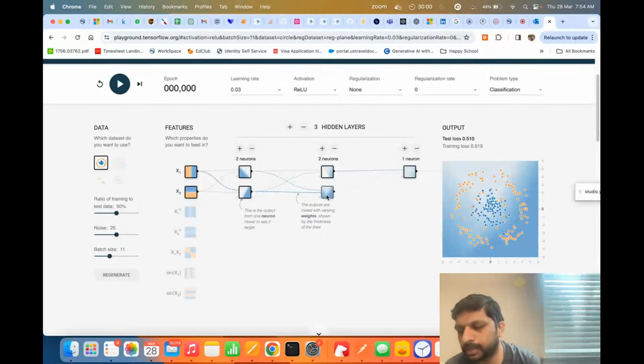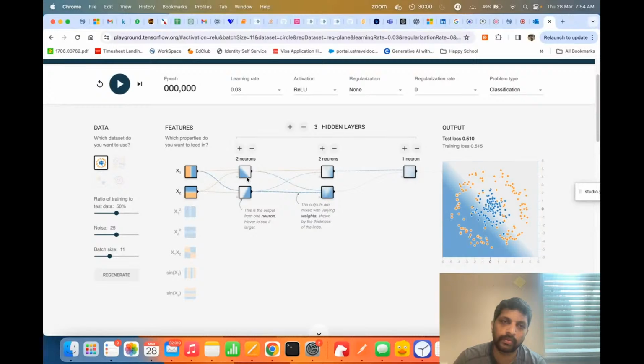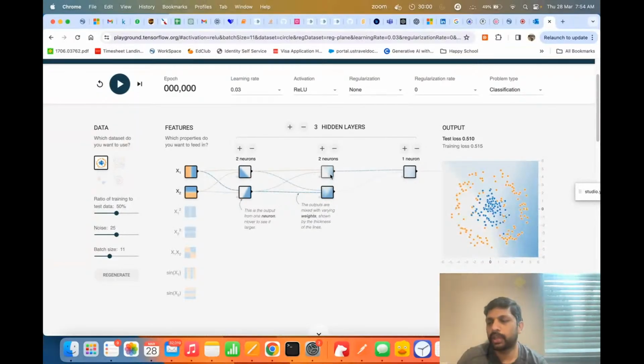So it will become W31, W1, W2, W3, W4, W5. Let's think like that. So sigma of W3 into A1, A2.